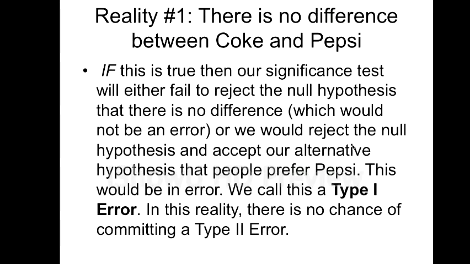In reality number one, there is no difference between Coke and Pepsi. So we would expect in a sample to get approximately 50-50, right? Well, let's just assume that this is true.